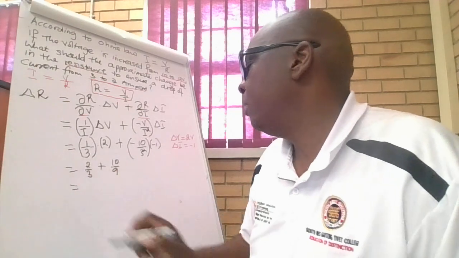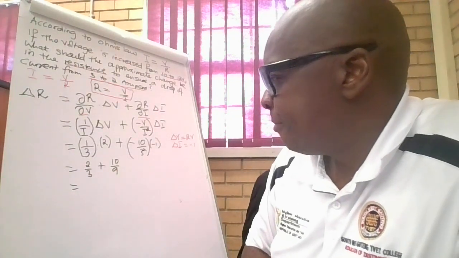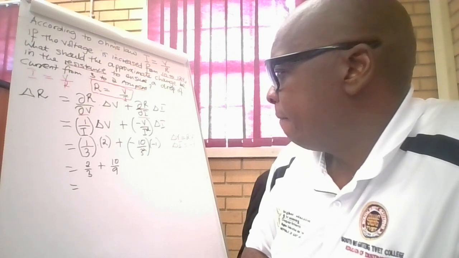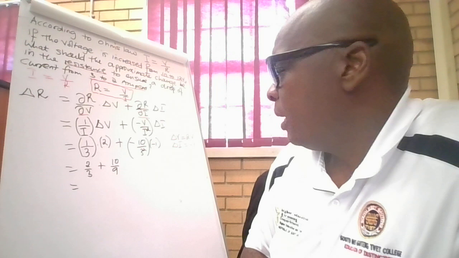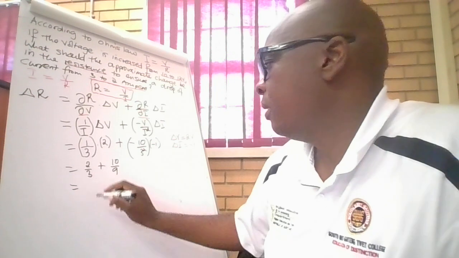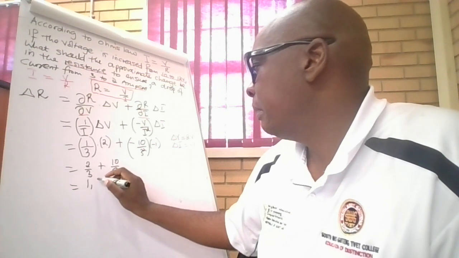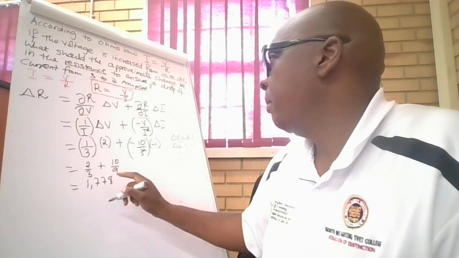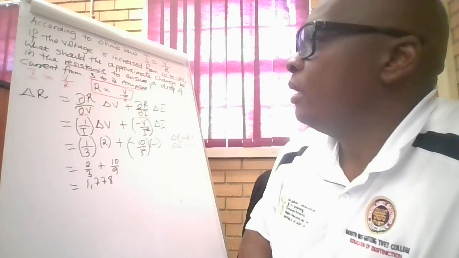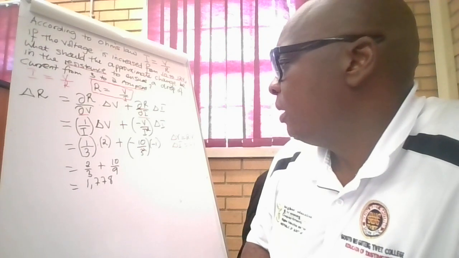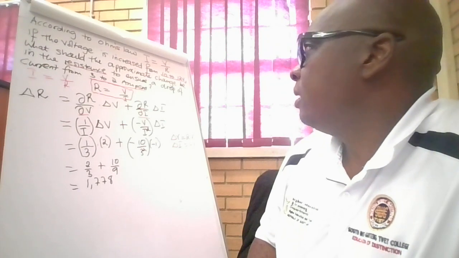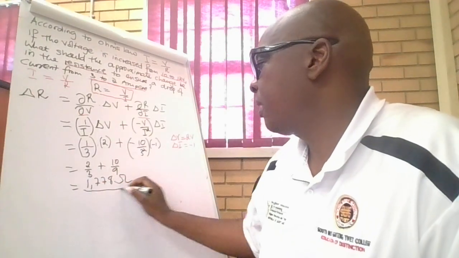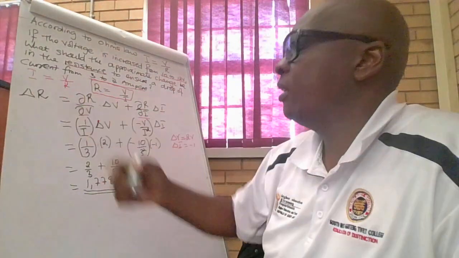And if you add up these two things, 2 over 3 plus 10 over 9, and if we put the answer correct to 3 decimal places, that is going to be 1.778. And remember, what are we looking for? The change in resistance. So resistance is measured in ohms. So this would be ohms. So we have calculated the change in resistance.